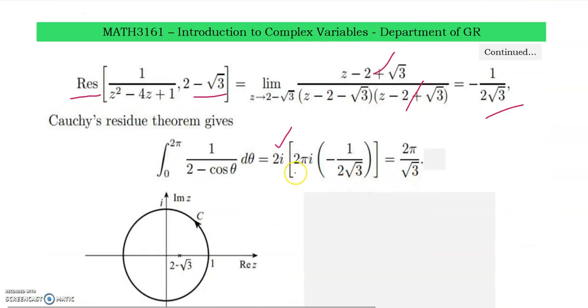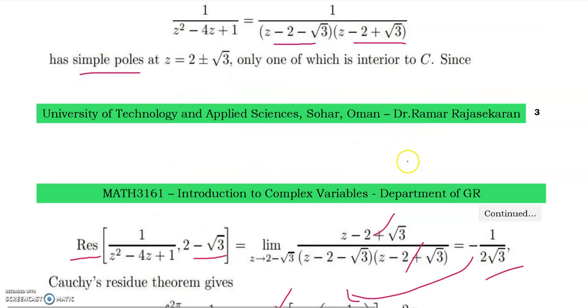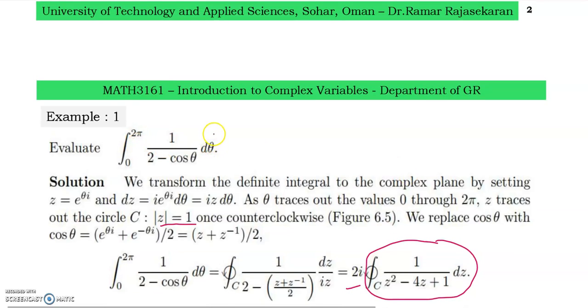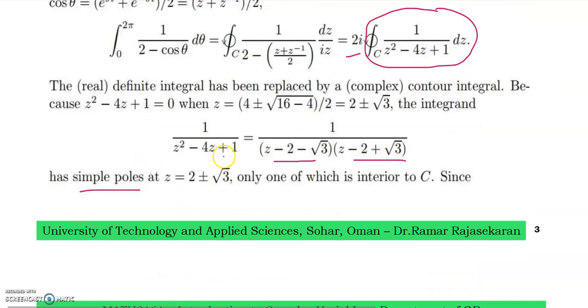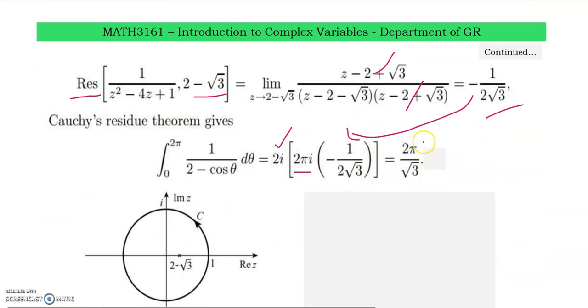Here only one pole is inside, so we take this residue. You multiply and simplify, and this is the value of the given integration. The integral from 0 to 2 pi of 1 over 2 minus cosine theta d theta is 2 pi over root 3.